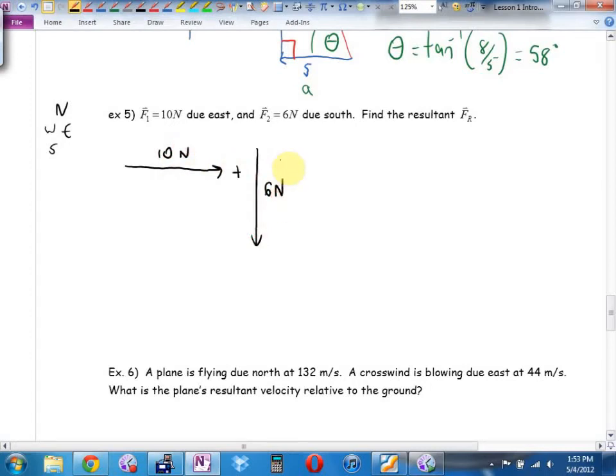Haley, how do I add two vectors together? Draw them. So if I'm going to draw this together, it's going to go 10, then 6. The resultant is always from the tail of the first to the tip of the second.